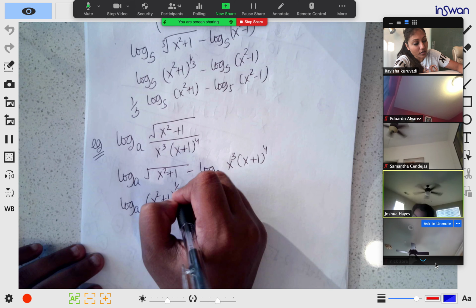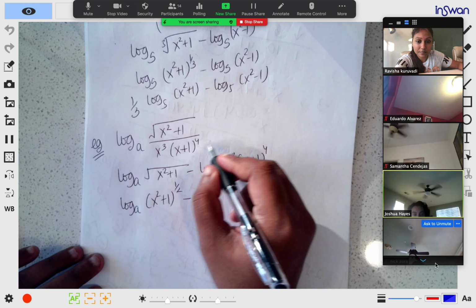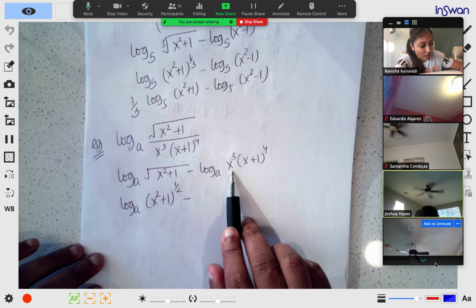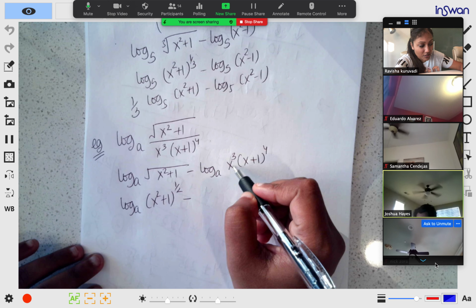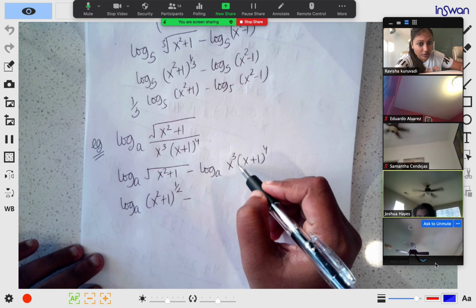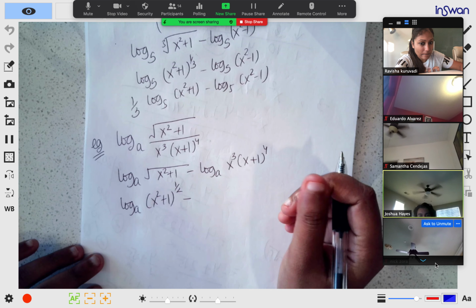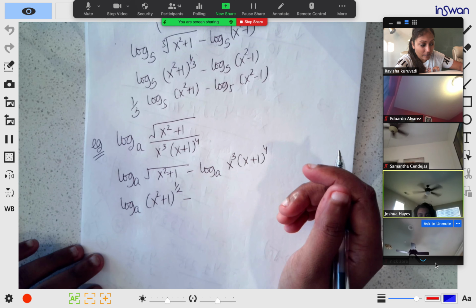What can I do here, Joshua? To the power of 4. So first of all, what are they doing with x cube and x plus 1 to the power of 4? They are two terms. What are they doing with each other? Actually, they're multiplying, and the 4 is a power.